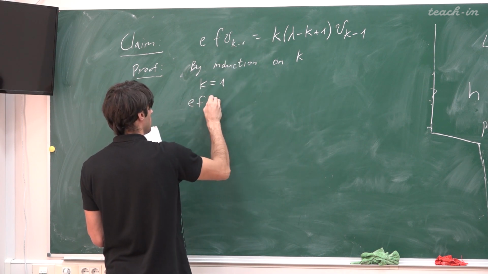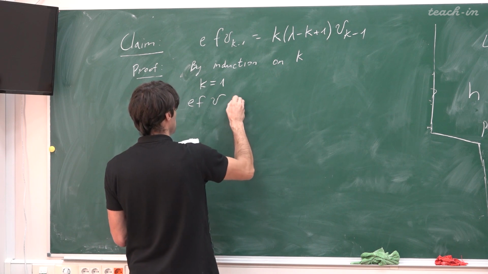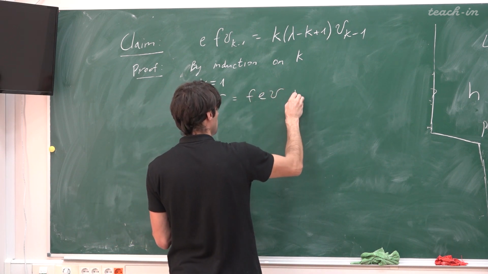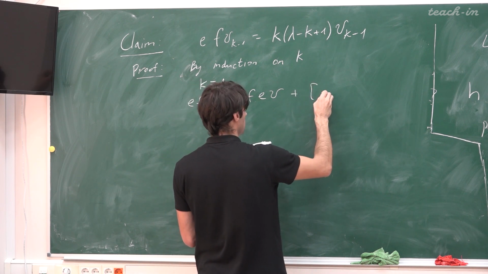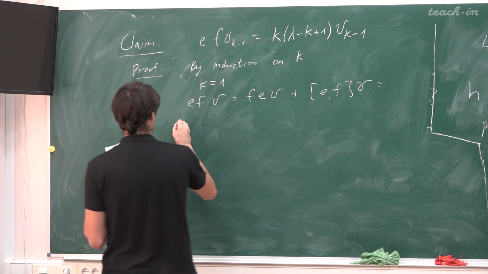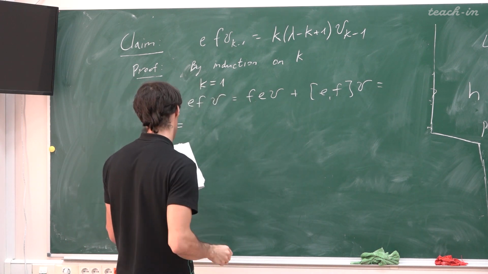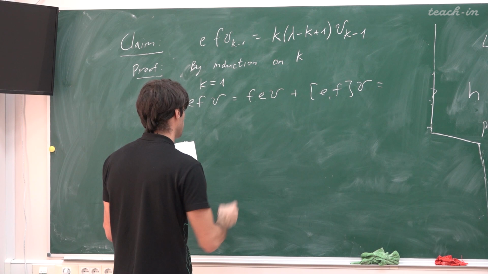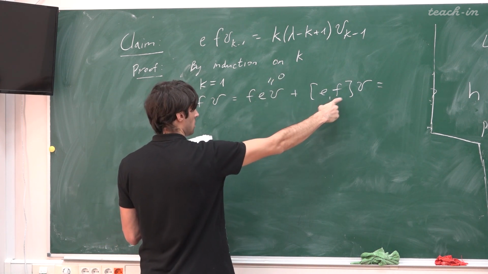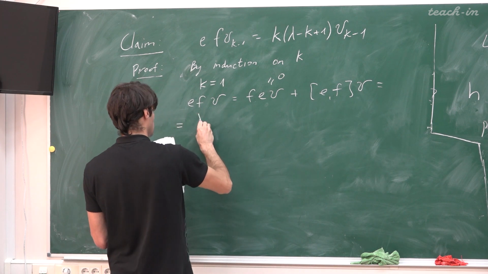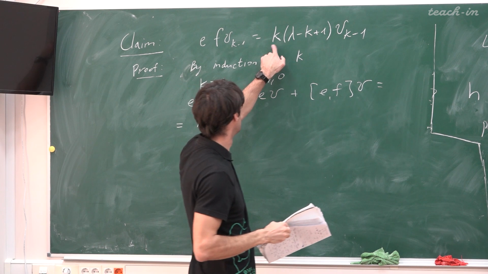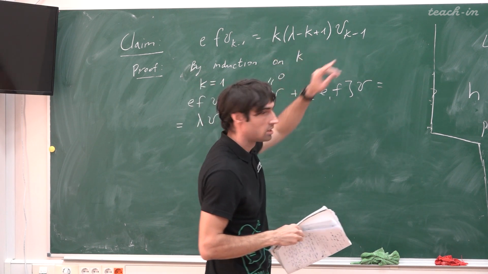So I have EFV is f EV plus bracket of E and F applied to V. Right. So this is 0. This is H. So lambda V. So let's check. k is 1. So this is 1. This is lambda.